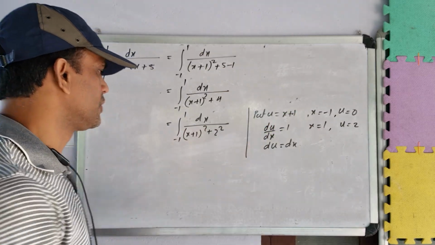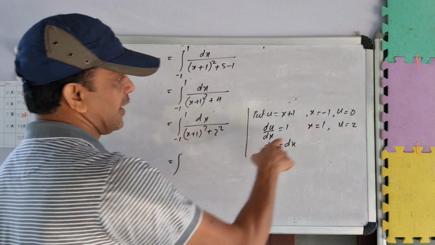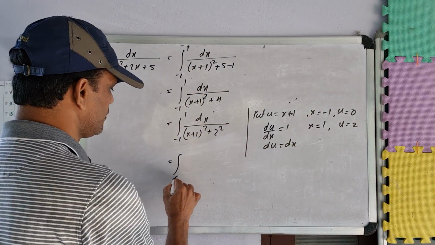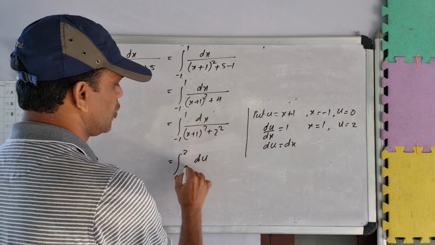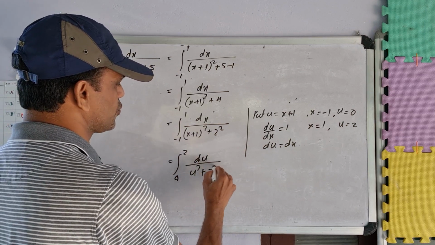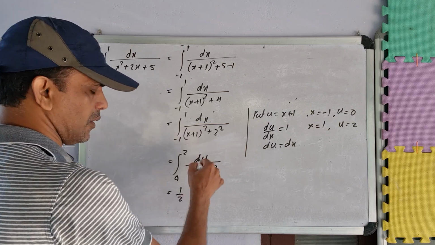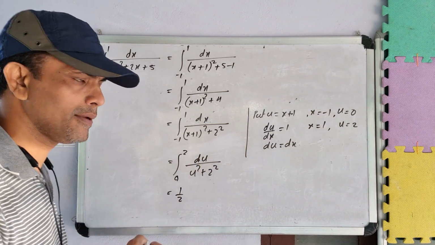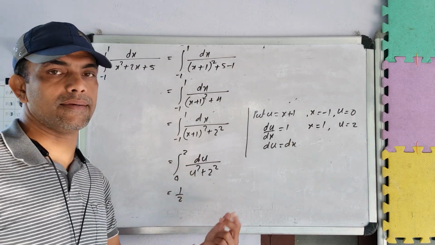1 plus 1 is 2. Now the integral from negative 1 to 1 has become 0 to 2. dx and du are the same, so du over u squared plus 2 squared. Now it is a direct formula, 1 over a tan inverse x over a, where for x we have u and a is 2.